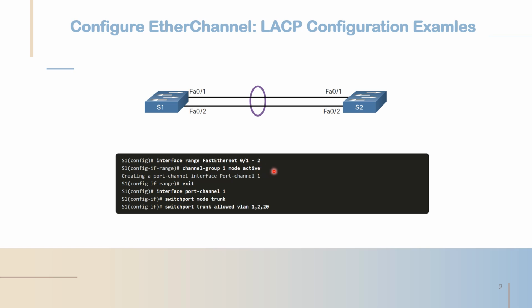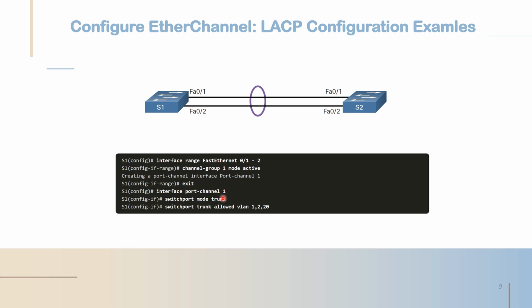And step 3 is to change the layer 2 settings of the port channel interface. We must enter port channel interface configuration mode using the interface port-channel command followed by the interface identifier that we set in step 2.